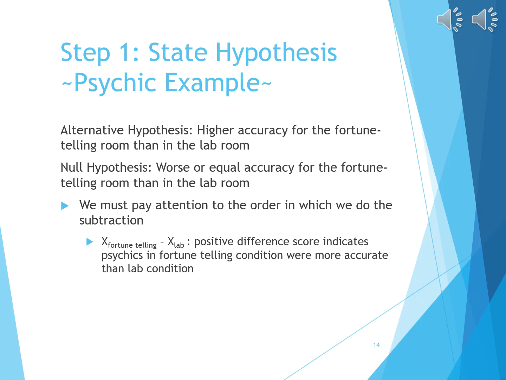Whereas a negative score would indicate that overall, the psychics actually do better in the lab condition, right? Because if their ratings of accuracy are higher in the lab condition on average, then when you subtract the lab from the fortune-telling condition, you'd actually get negative numbers.